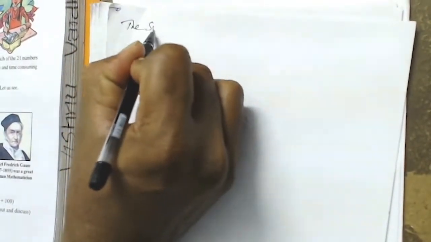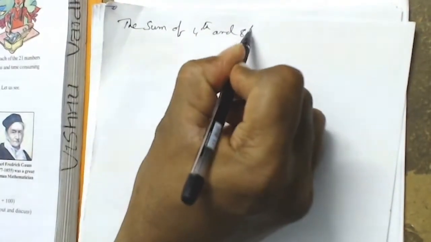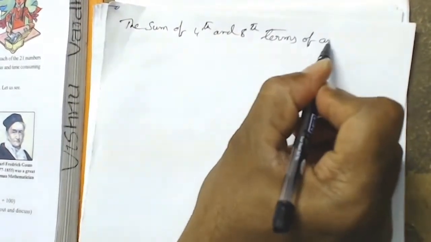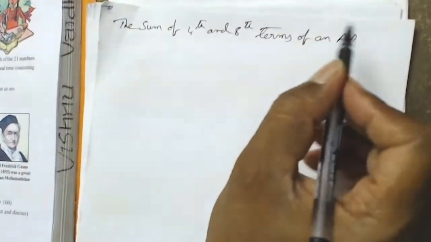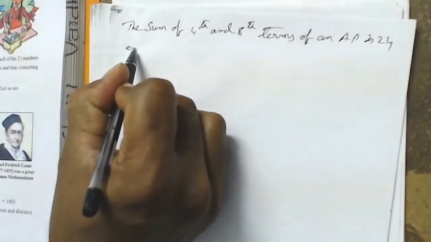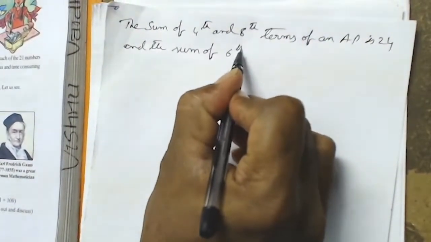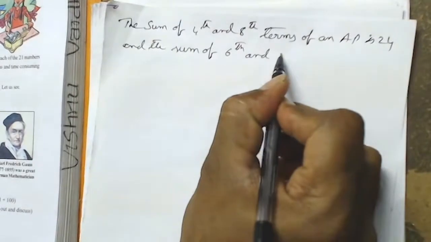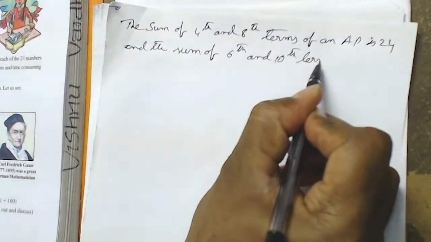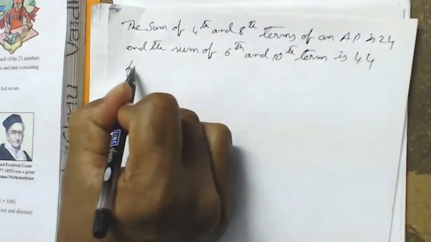The sum of fourth and eighth terms of an AP is 24, and the sum of sixth and 10th terms is 44. Find the first three terms.